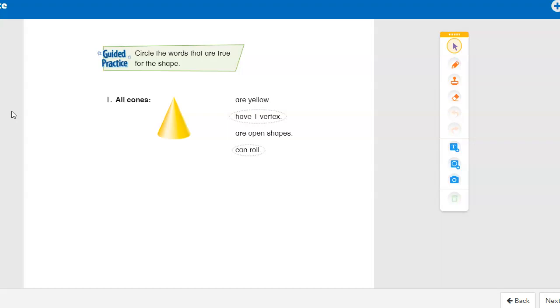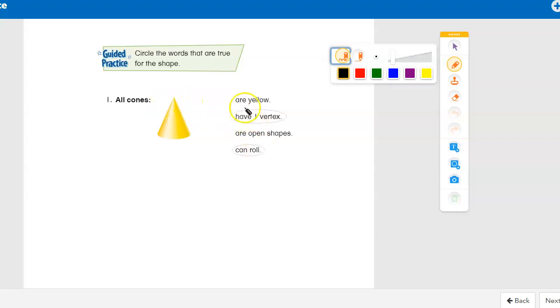If we look over here at all of these statements, we can see that 2 of them are already circled. So let's read all of the statements. It says all cones are yellow, all cones have one vertex, all cones are open shapes, all cones can roll. So we are going to circle the words that are true.